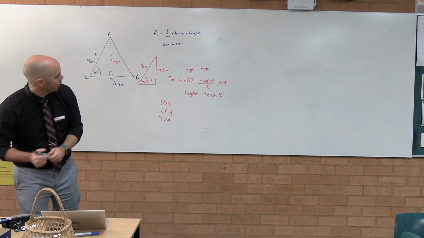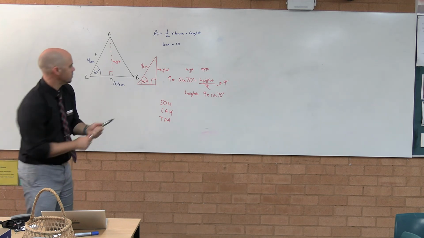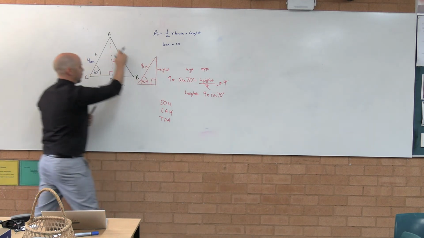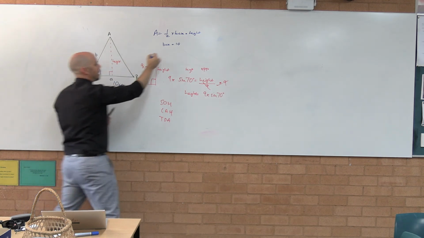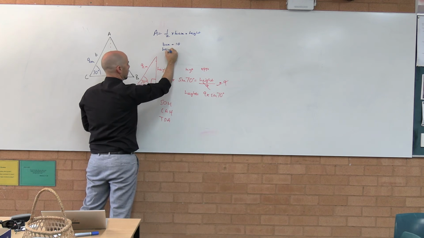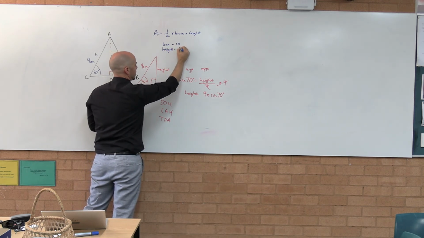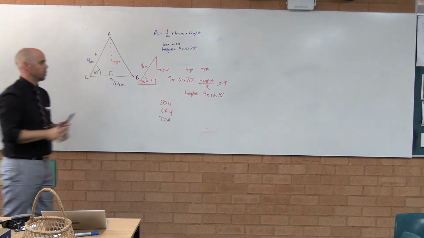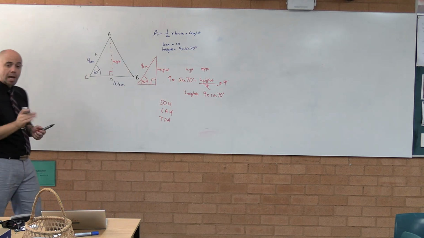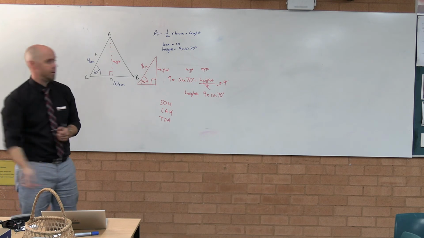So, going back up the top, we're working out the area of this triangle, we've got a base, we've now got something that can tell us what the height is. 9 times sine 70, again, I'm just going to leave it, I'm not going to put it in the calculator just yet. So now I've got my base, my height, I can work out my area.